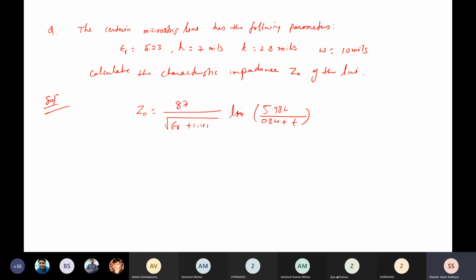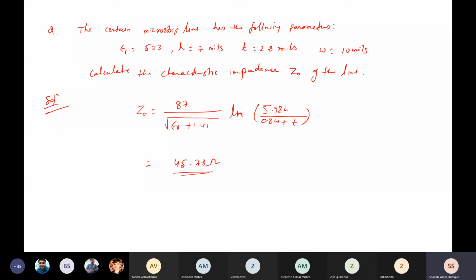You can use all these values to find it, and the value comes out to be 45.78 ohm. So go through this type of line, and try to solve problems based on that.